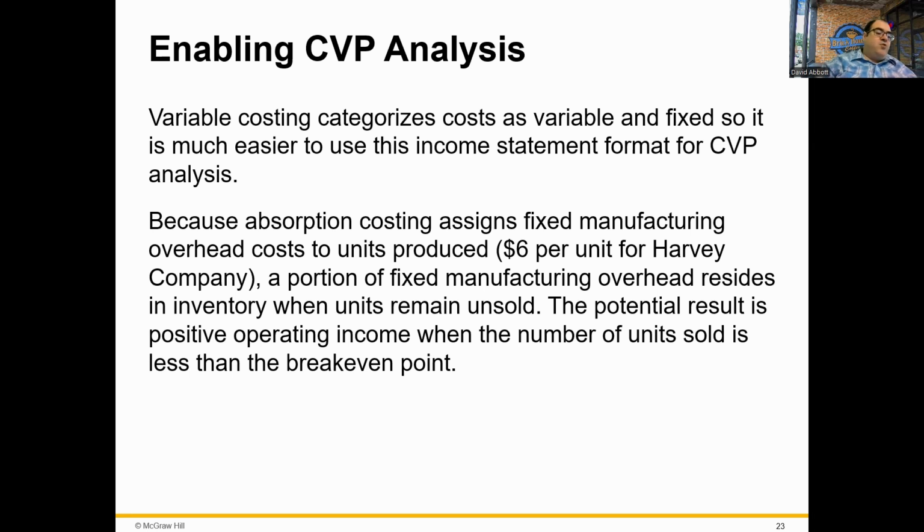And remember that absorption costing assigns per unit fixed manufacturing overhead costs to production. This can potentially produce positive net operating income even when the number of units sold is less than the break-even point.